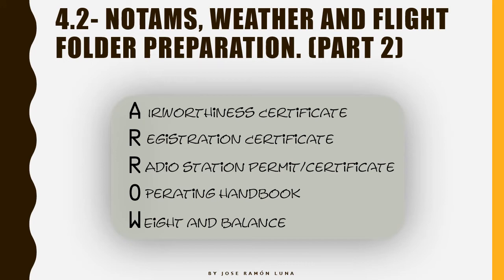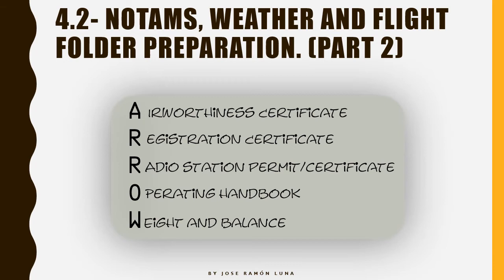The airworthiness certificate asserts that the aircraft is airworthy, okay, and that it conforms to its type design, okay, that no modifications out of the law have been made. So basically that's the airworthiness certificate.